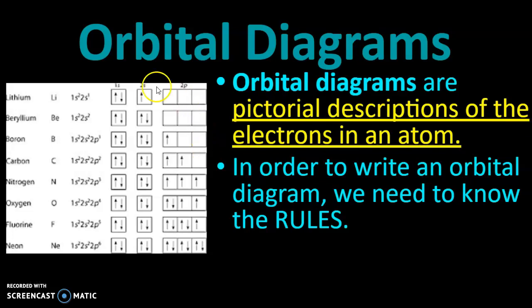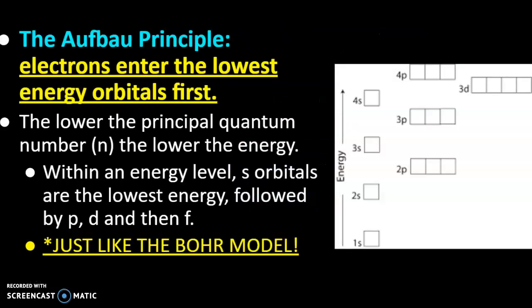But in order to be able to create these, we need to know the rules. So let's just go ahead and dive right into the rules. Now, the first rule is something called the Aufbau principle. Say it with me, Aufbau. This rule states that the electrons enter the lowest energy orbitals first.